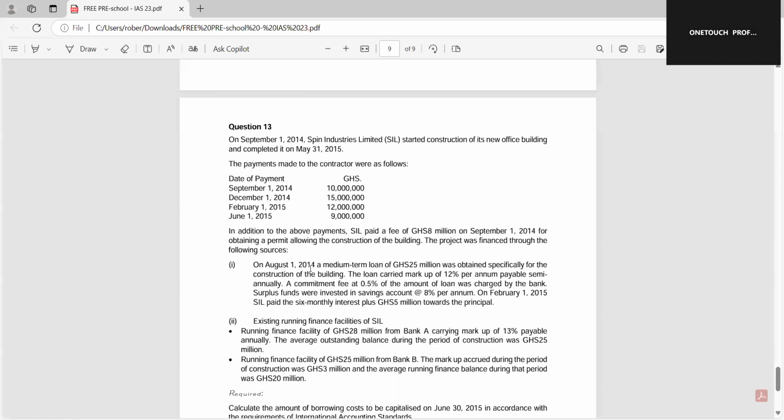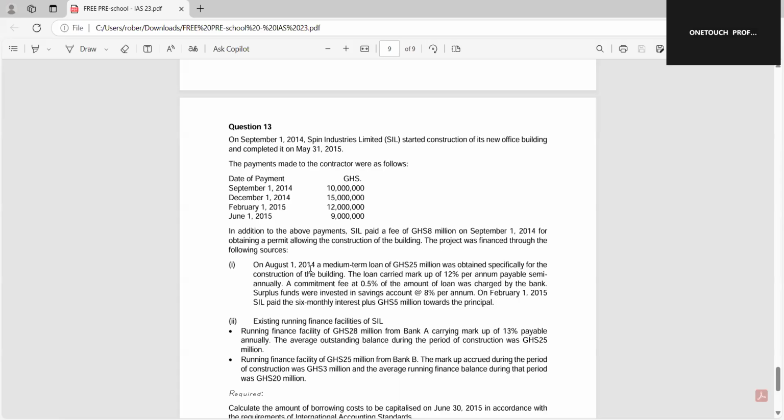So on 1st August, they are deducting 0.5%, which on my calculator says 125,000.